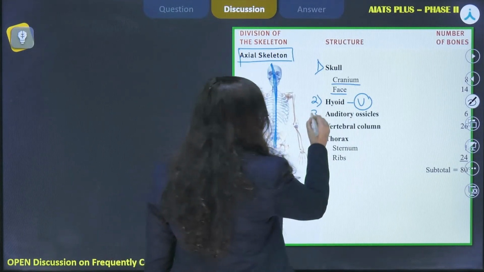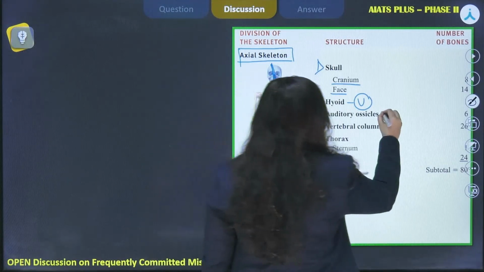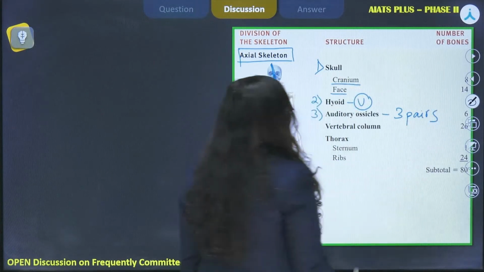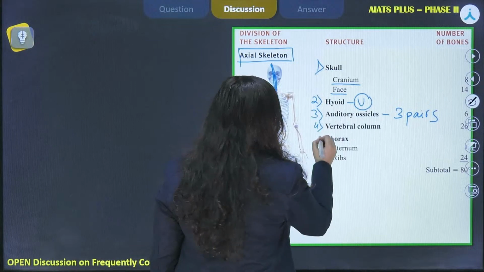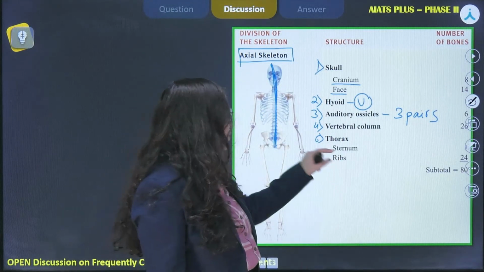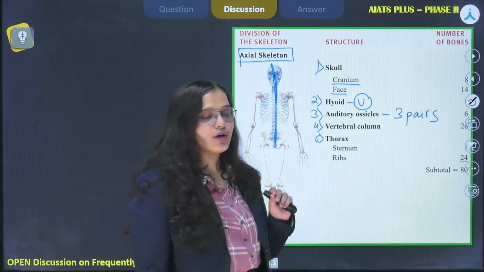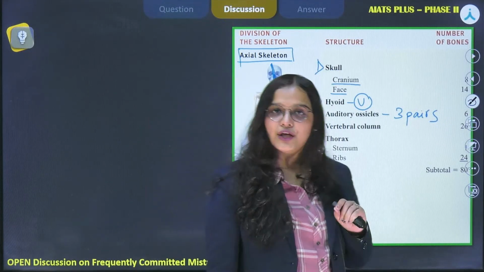Then we have the auditory ossicles, the stapes, incus and malleus. We say that we have 3 pairs of auditory ossicles. Then we have the vertebral column, and then the thorax, which is made up of the sternum and the ribs. So all these parts constitute the axial skeleton of humans.